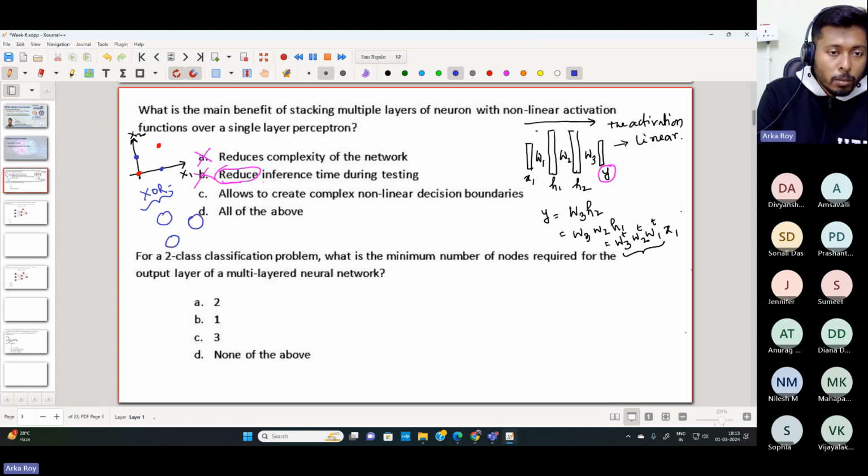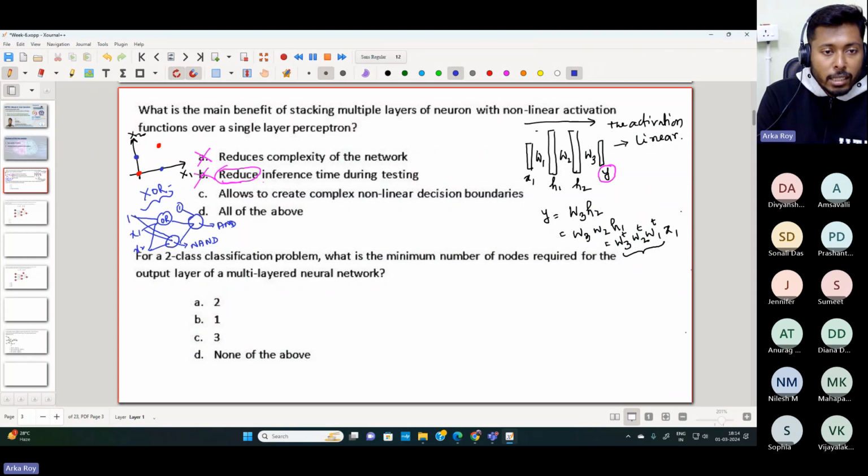To get an XOR operation, you need an OR operation here, a NAND operation here, and an AND operation here. This is x1, this is x2, and you have an associated bias over here, and over here also you have a bias.